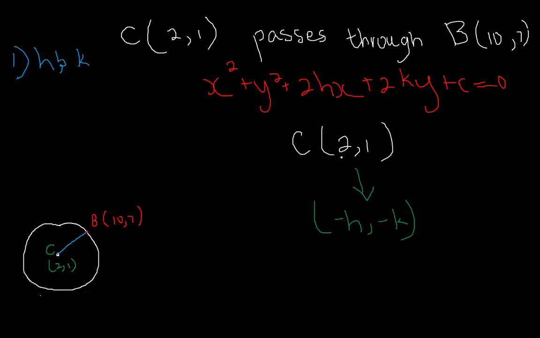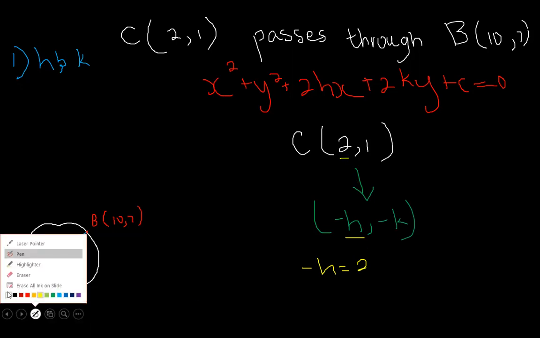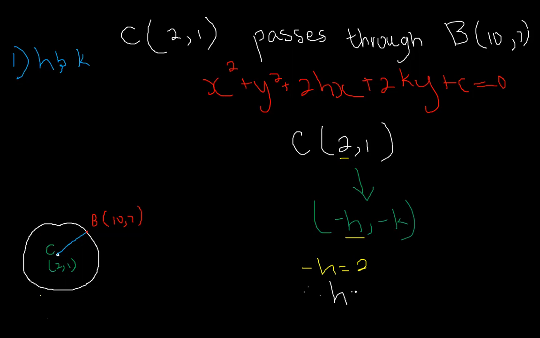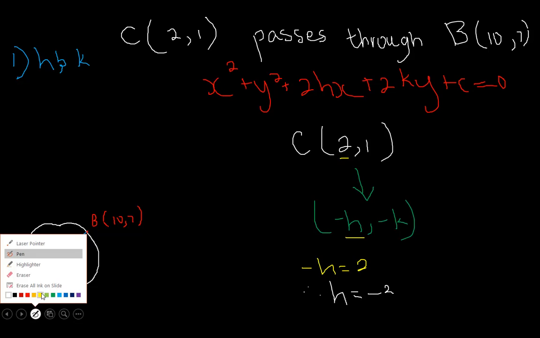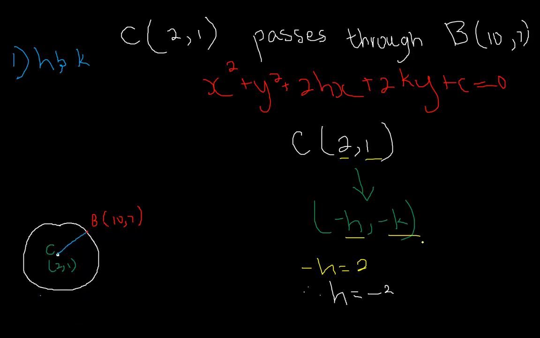If you want to draw arrows like these, that's fine too, they're not going to penalize you. What does that mean? That minus H would be equal to 2. If minus H is equal to 2, what's the value of H? It's -2. And what's the value of K? Anybody? -1. K would be equal to -1.